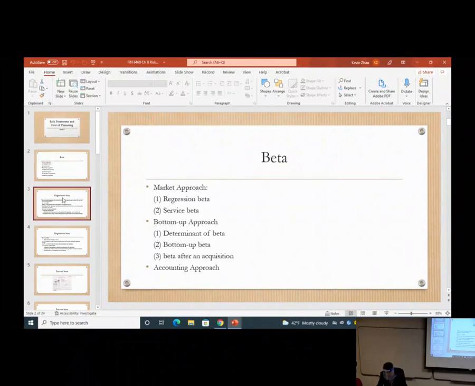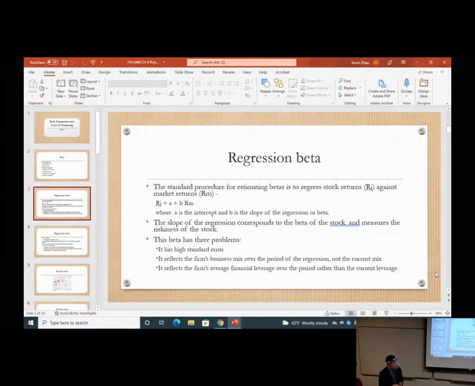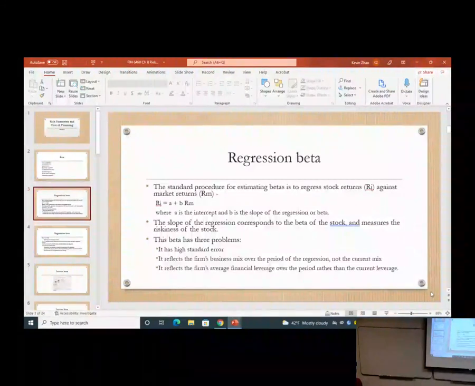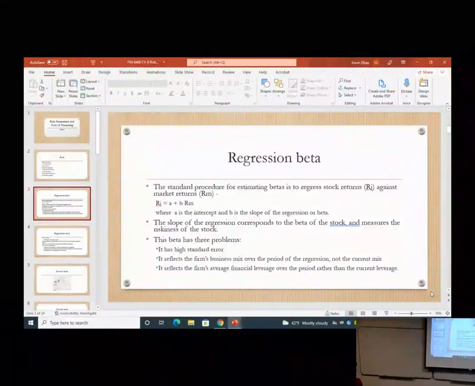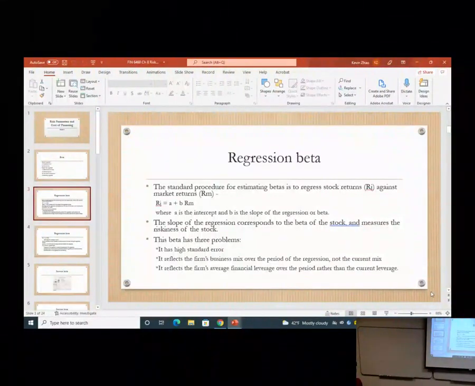So first of all, regression. Let's run regression. Regression is based on market model. We run regression of individual return of the stock against the return of the market, typically S&P 500 index. Right, so you have a series of individual return and a series of S&P 500 index return.